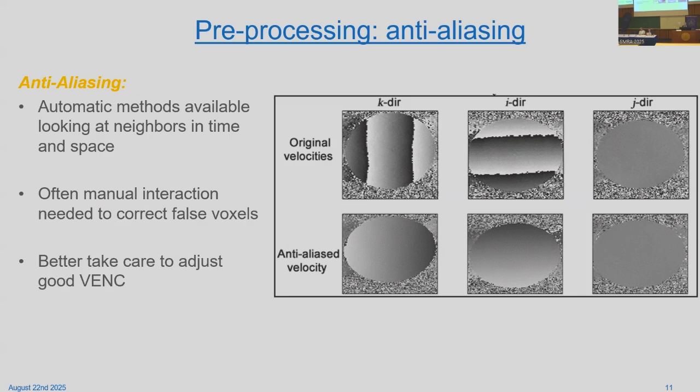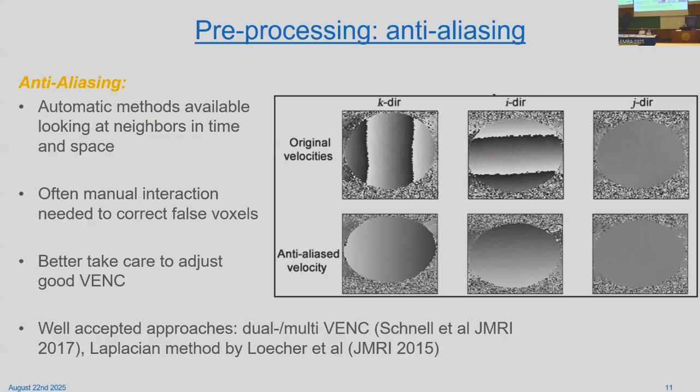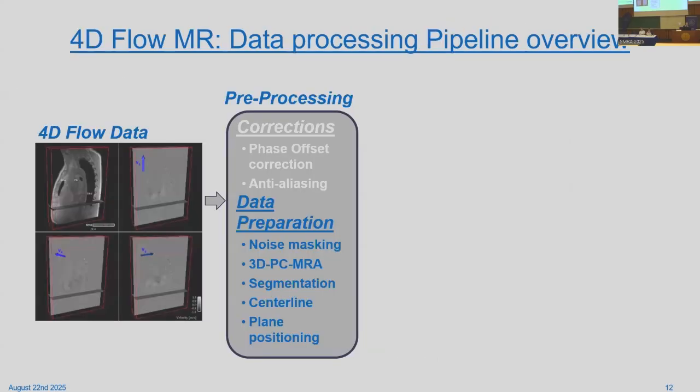Of course, there are much better ways to do it nowadays. There are also dual and multi-Venc approaches. There's also the well-known method by Michael Loecher, the Laplacian method, that really works well. And of course, we also nowadays have AI methods that solve the problems. But I'll come to AI at the end of my presentation.